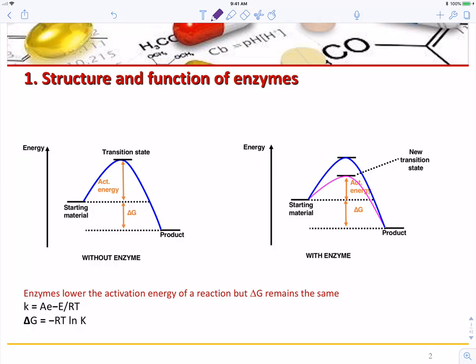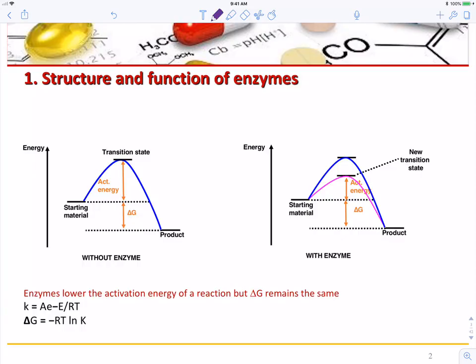So how is that happening? What is the function of the enzyme exactly? As you will recollect from biochemistry and organic chemistry, the enzyme, just like any catalyst, lowers the energy of activation of a reaction, but does not really interfere with the delta G of the reaction, so the free energy difference of the reaction.